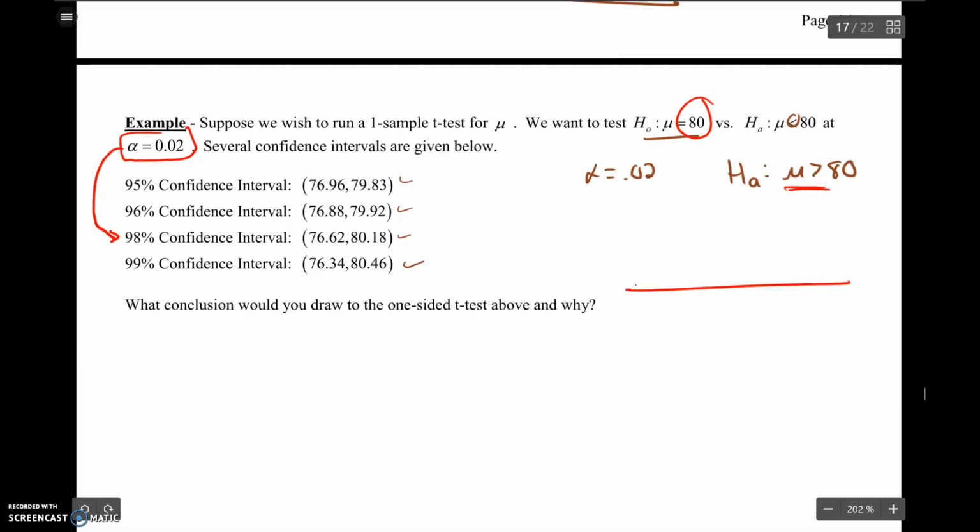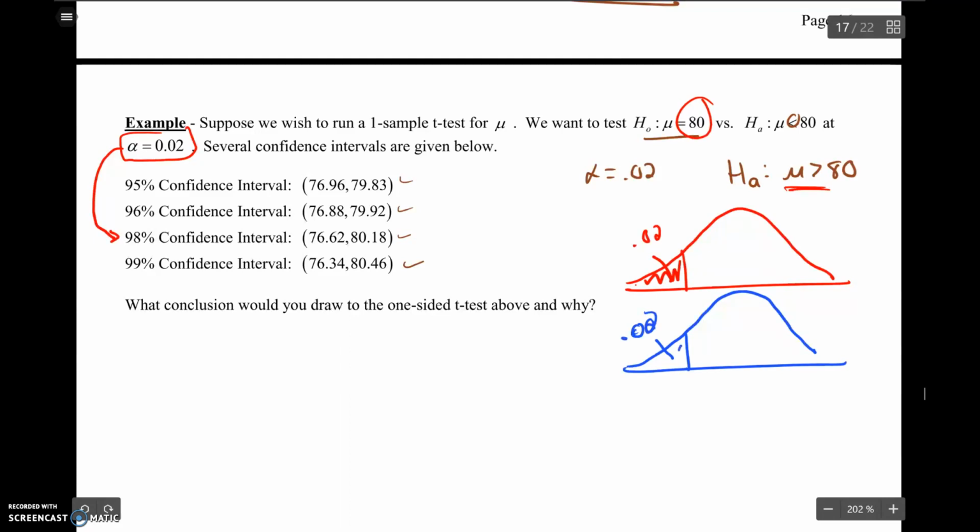So if I want to run a one-sided test, then I want my area to be 0.02 on this tail. That means if I do a confidence interval, if I want 0.02 on this tail, then I need to have 0.02 on both tails, and I need a 96% confidence interval. So we should not be looking at the 98, we should be looking at the 96.